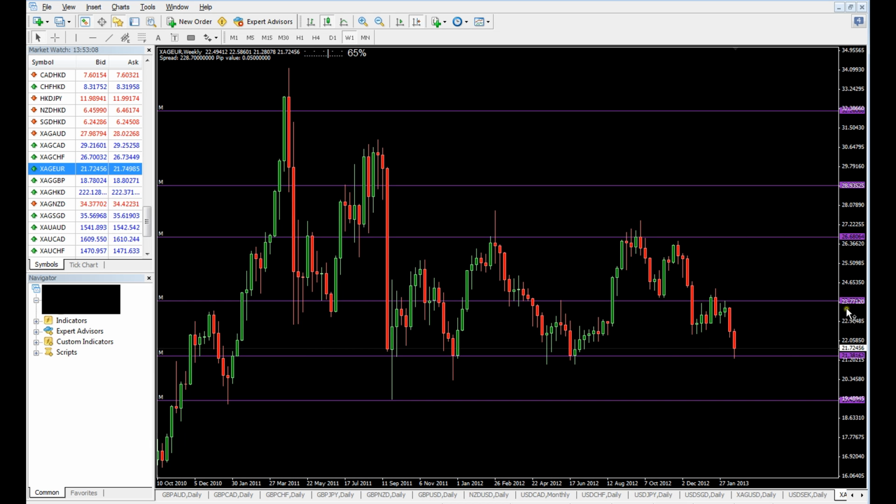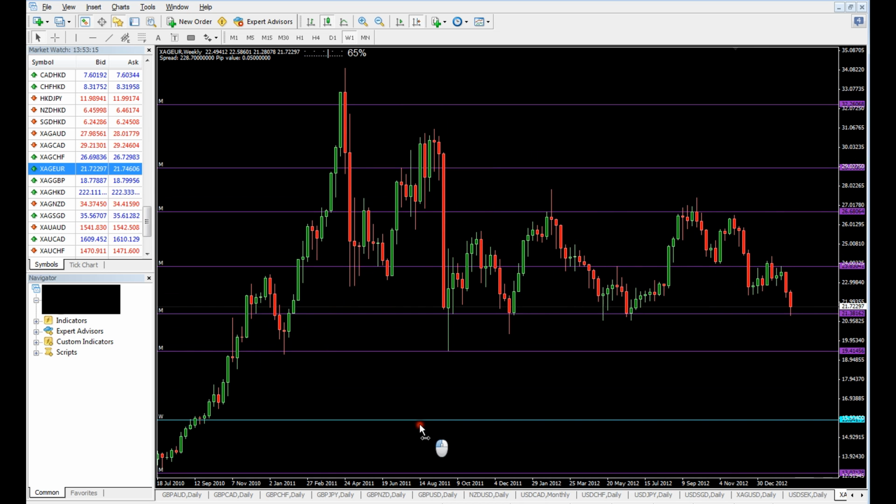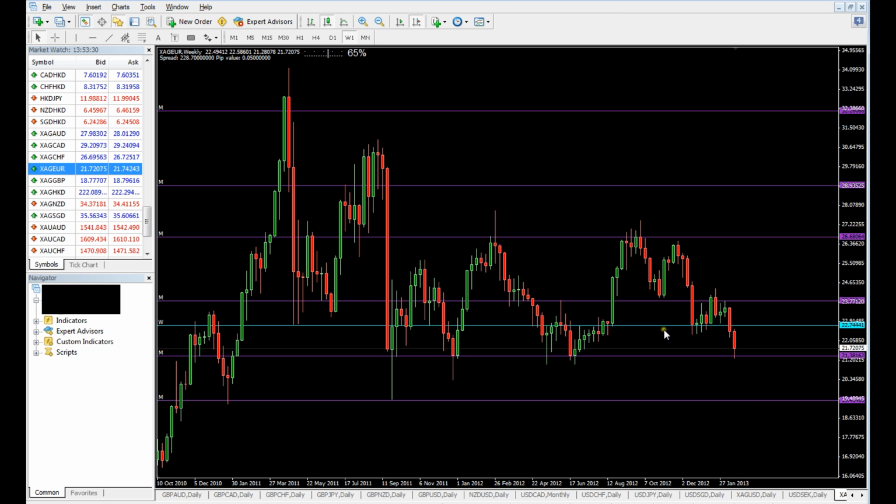We may place one more, just for the sake of showing. We hold control and shift with the mouse and we place a little level here.